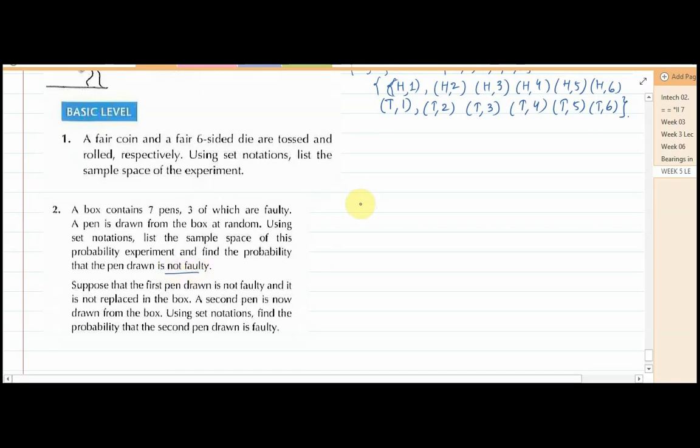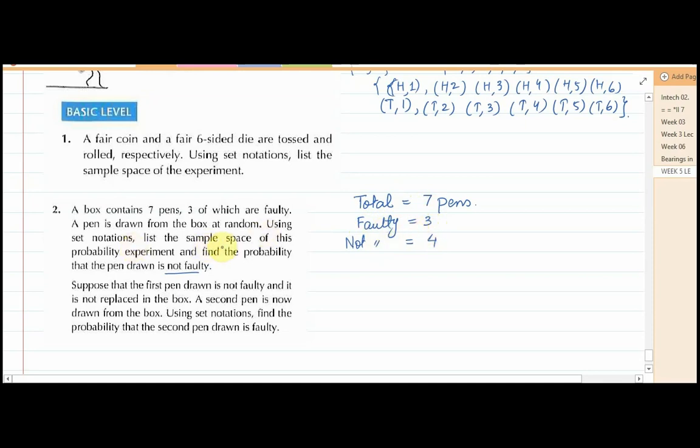Now a box contains a total of 7 pens. We have done a similar question in our last class, 3 of which are faulty. That means the pens that are not faulty are basically 4, right? Total pens 7, the faulty pens are 3, and the pens that are not faulty are 4.